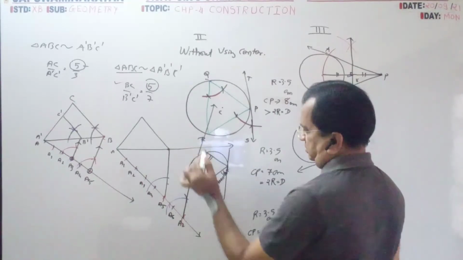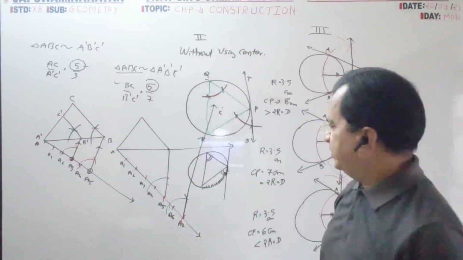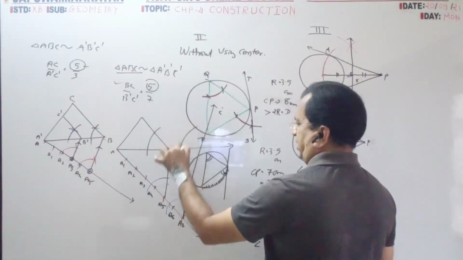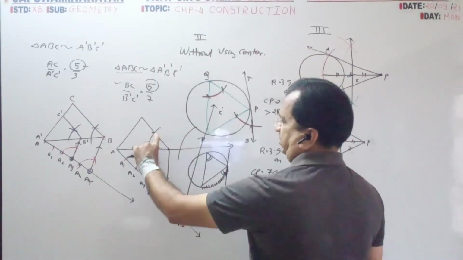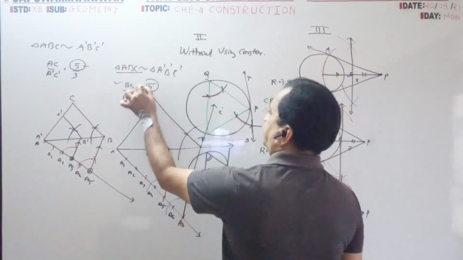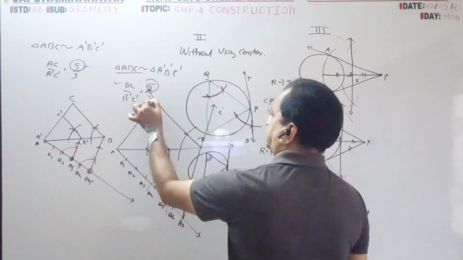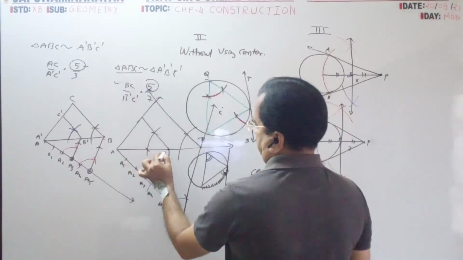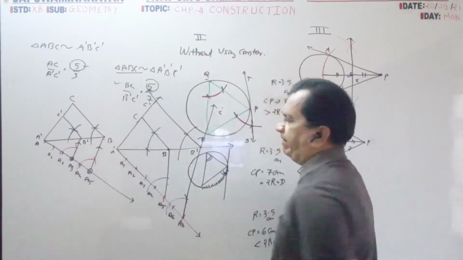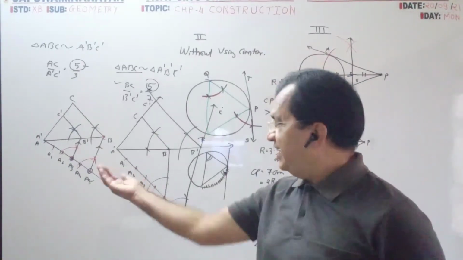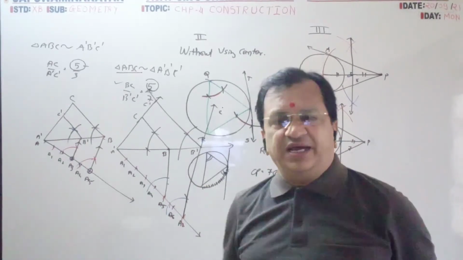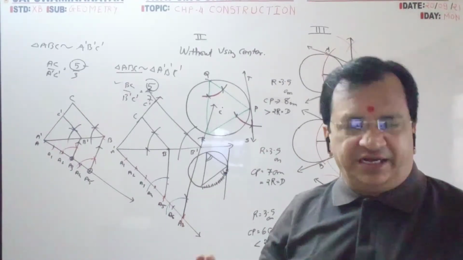So here it is a point. Now from here one arc, from here one arc, from here another arc. From this to this take the measurement, this to this take the measurement, and extend this. So this is ABC and this is A dash, B dash, C dash. So this is enlargement, and the earlier one was to diminish the triangle with the help of the similarity property.